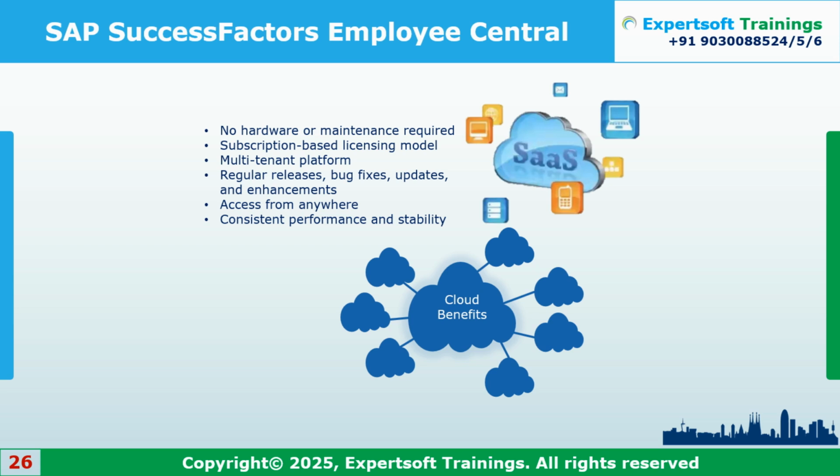In this product we have regular releases, bug fixes, updates and enhancements every year. Twice a year we have a release. If there is any update in the features, a release happens in the month of May, that is the H1 release. In the month of November we have the second release in the year, called the H2 release.